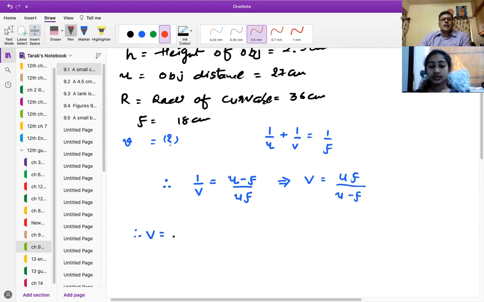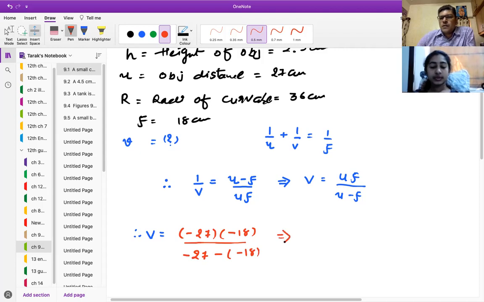So I am using that sign convention and putting in the values. My u is negative, which is minus 27, minus my f, which is again negative, minus 18.